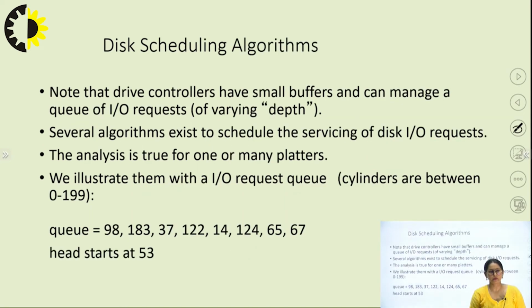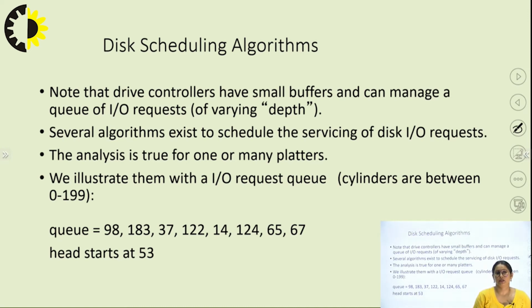Now, there are various kinds of disk scheduling algorithms. First of all, obviously we need a queue. The queue must have some kind of tracks, numbers, sectors, so it would be in numerical form only.